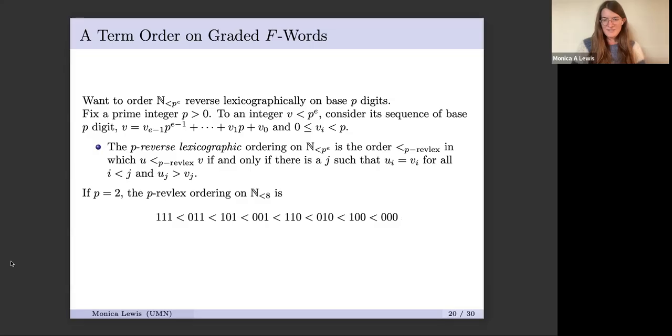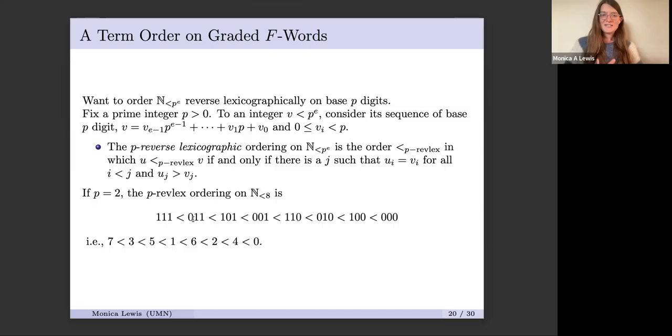You're taking the base 2 digits, in this case p equals 2. And if you read it backwards, it's in incrementing order, right? 0, 1, 2, 3, 4, 5, 6, 7. And then we flip the direction of the inequalities. So written out in base 10, it looks a little bit weird: 7 less than 3 less than 5, 1, 6, 2, 4, 0.